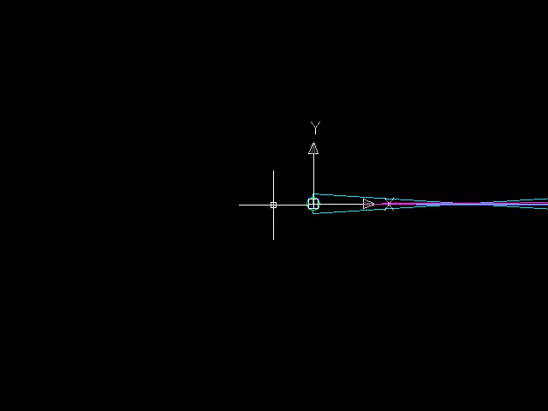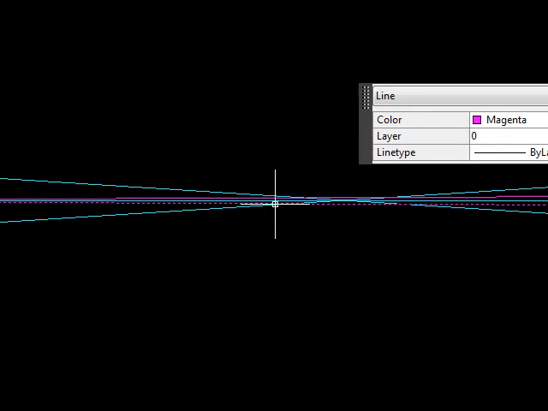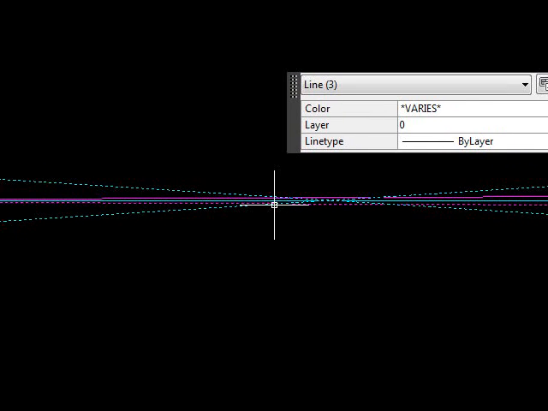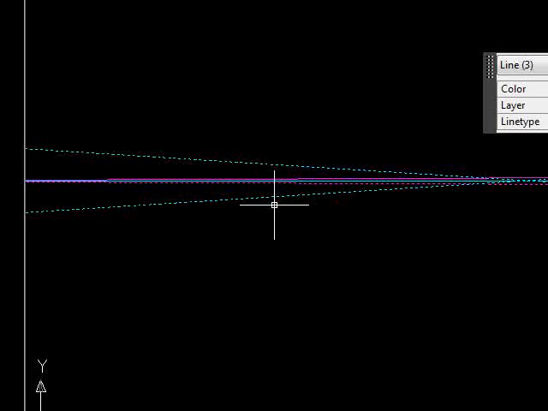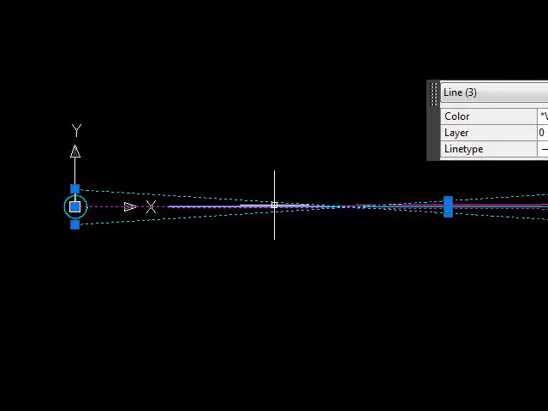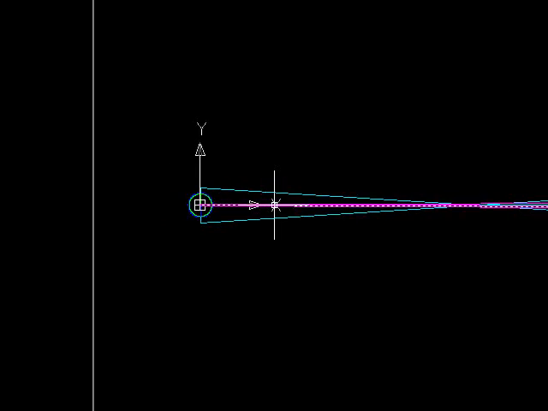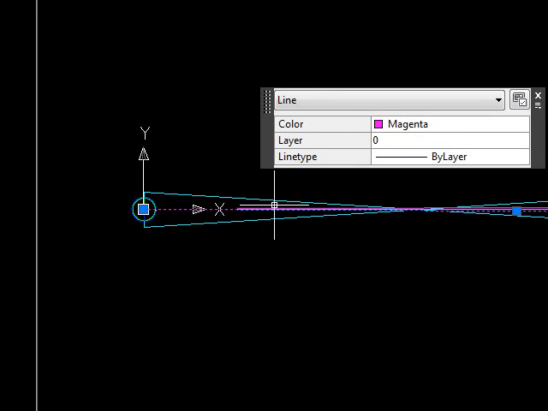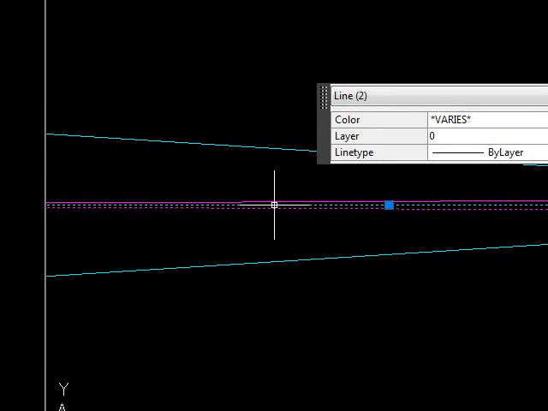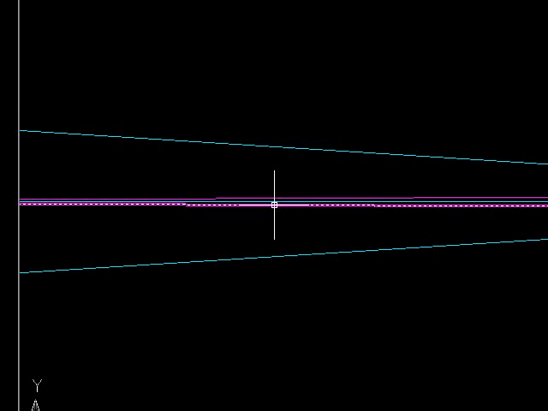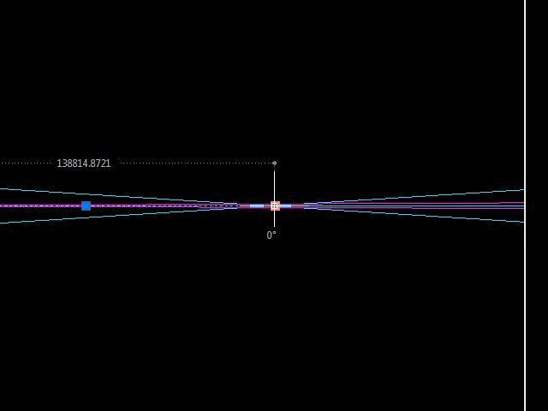Another reason is the angle from these two lines here, shown in light blue, is only 8 degrees. Now to be able to film 8 degrees from a distance of 138,000 kilometers away does not make any sense.